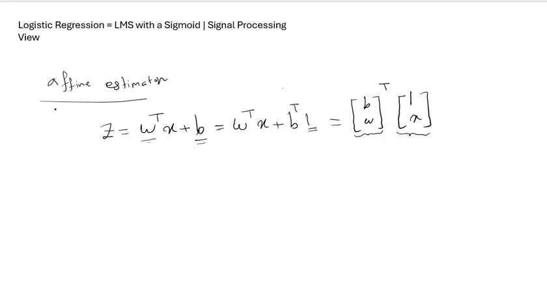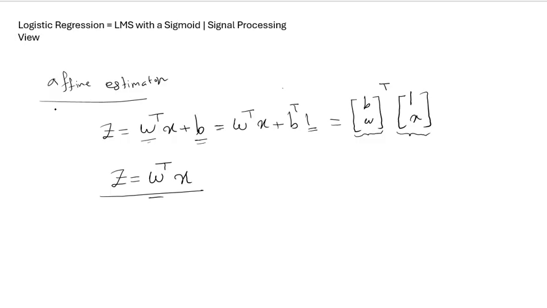That means I can use this relation without loss of generality: Z equals W transpose X. In any derivation, in any equation for W, if you want that equation for B, you only need to substitute X with 1.